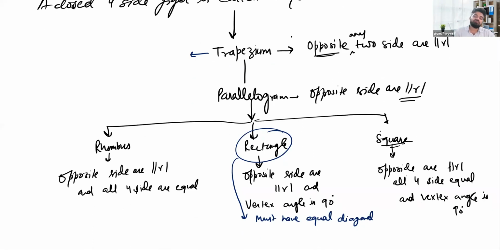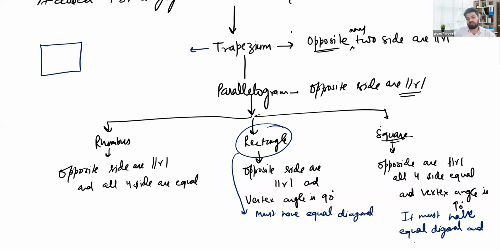Similarly, a square can be like this, but it must have equal diagonals, and they must bisect at 90 degree.